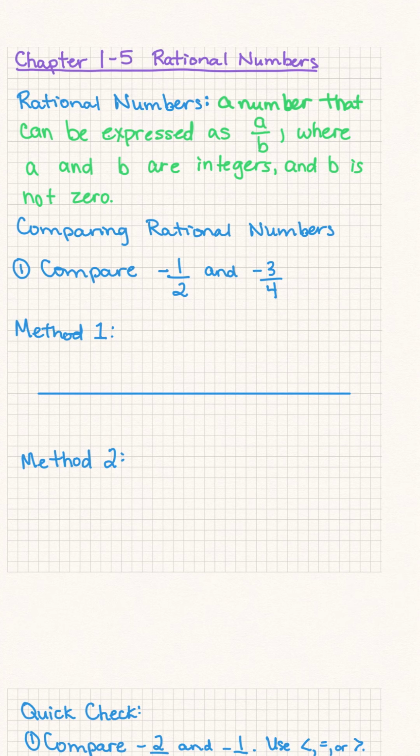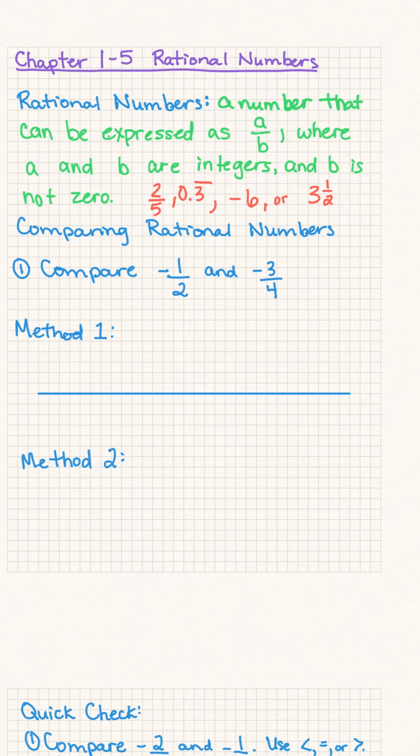Some examples could be 2 over 5, a repeating decimal, 3, 3, 3, 3, 3, so the line over top, -6, or 3 1/2. So it can be written in many different ways.